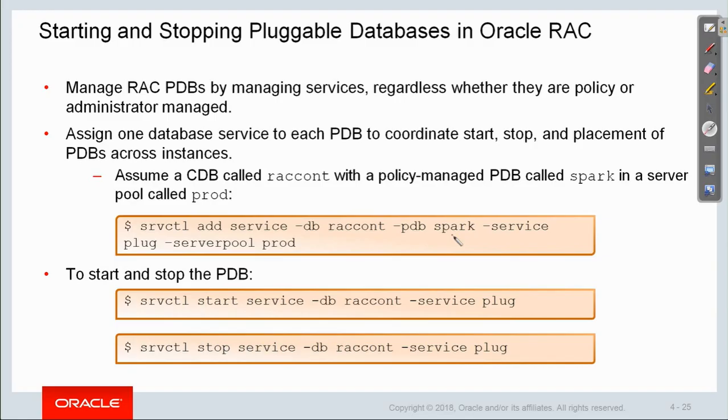Now, if you want to start pluggable databases automatically at instance startup time, one option is to create a non-default PDB service. Clusterware will attempt to start the required resource to start the database service.